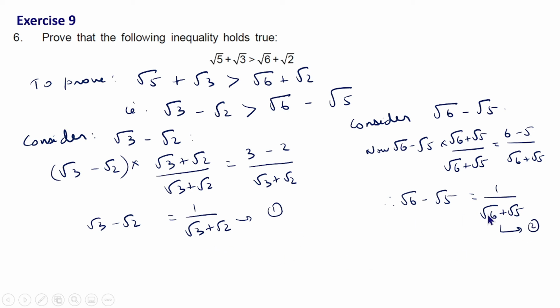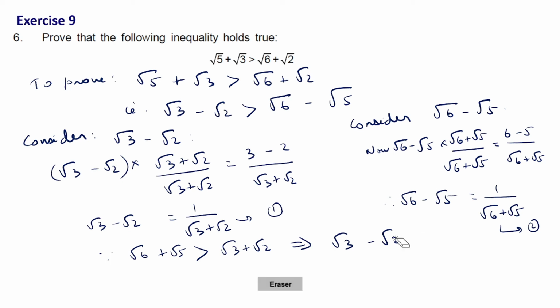Now from these two we can see that root 6 plus root 5 is greater. Since root 6 plus root 5 is more than root 3 plus root 2, this means root 6 minus root 5 is less than root 3 minus root 2.